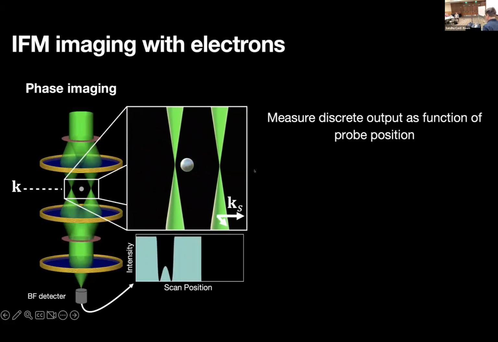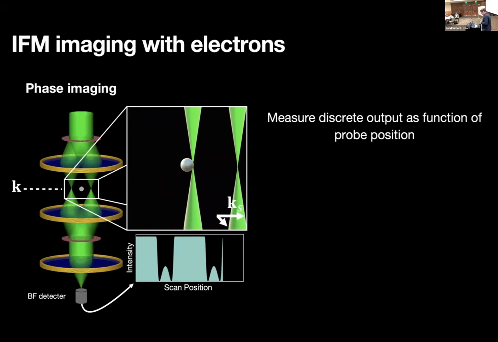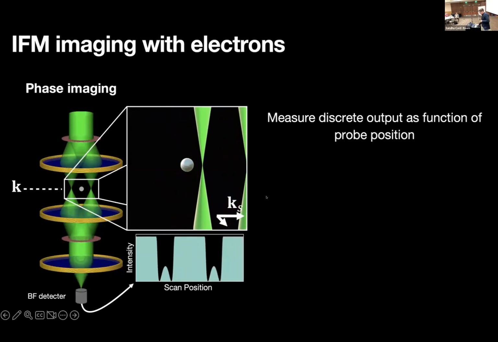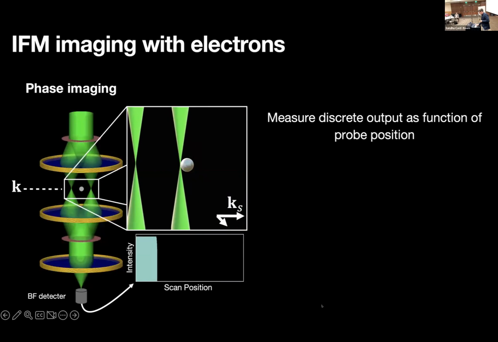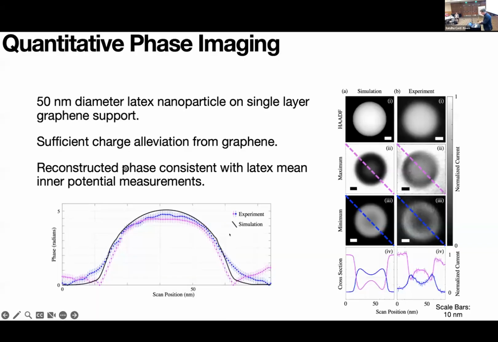So here's a latex sphere, and that's a phase object as well as an opaque object. So here's an experiment. This is an image of the latex sphere, a very, very small one, 50 nanometers thick.